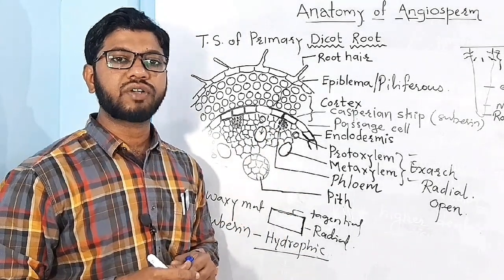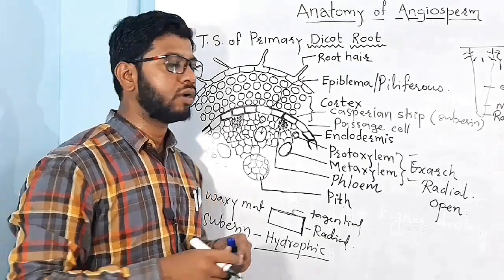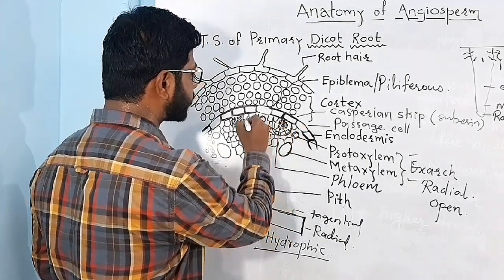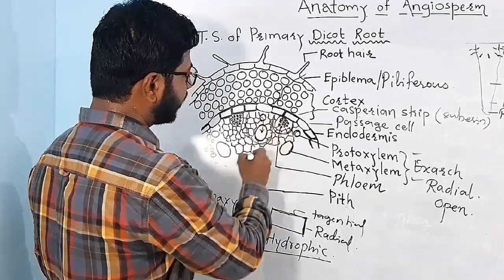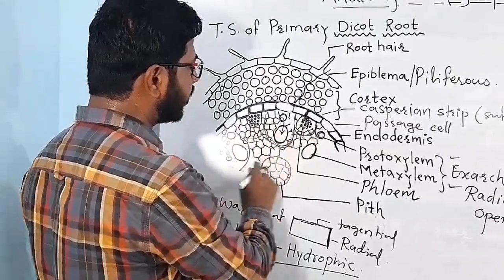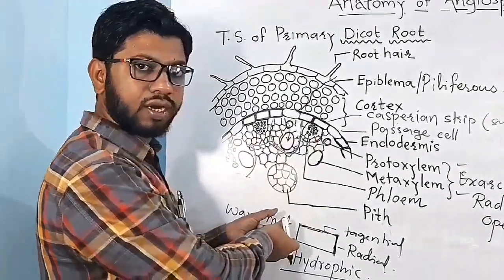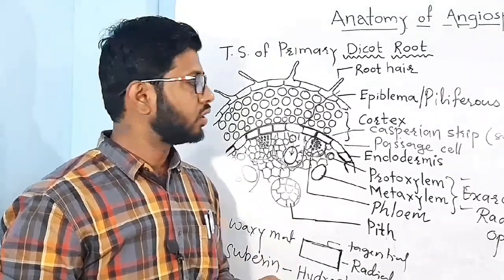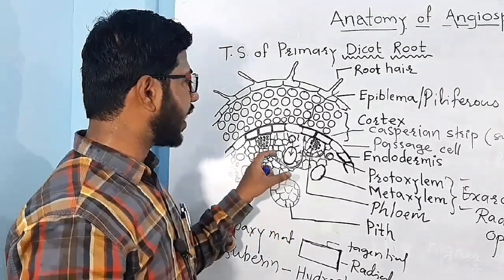Specifically, in case of dicot root, cambium surrounds the phloem separately and another cambium surrounds the xylem separately. That's why a wavy shaped structure is observed. Then it will become circular at the time of secondary growth in dicot root. So this is all about the dicot root.